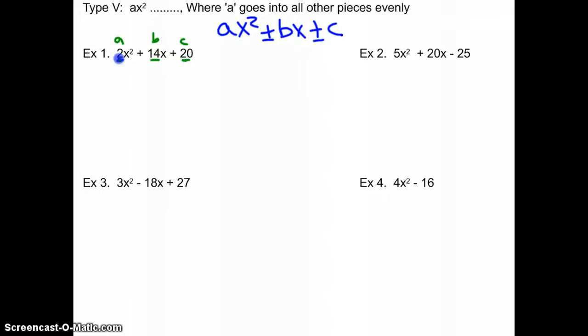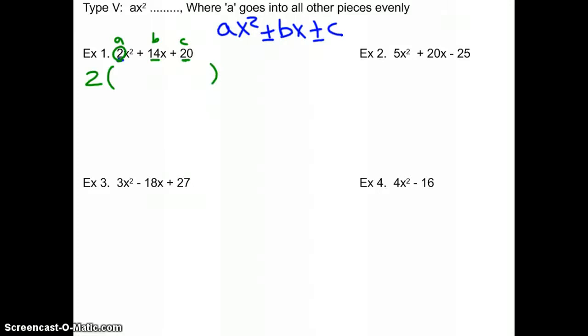Well, when I divide a by 2, it gives me a 1 in front of my x squared, which is what I like to factor with. So I'm going to undistribute this 2. I'm going to pull it out of the whole thing by dividing everything by 2. So I'm going to have 2 times whatever's left over.